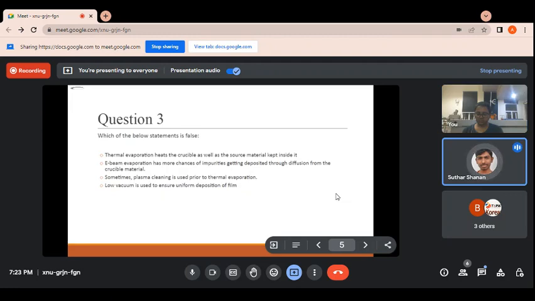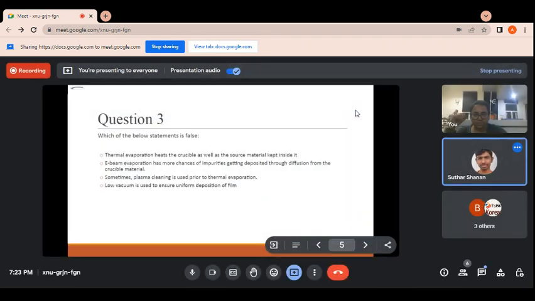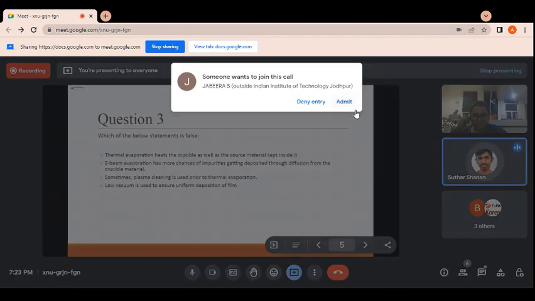I think option 4 is the false one. And why option 4? Because in the first option, for thermal evaporation, both the crucible as well as the source will be heated, right? So that statement is true.